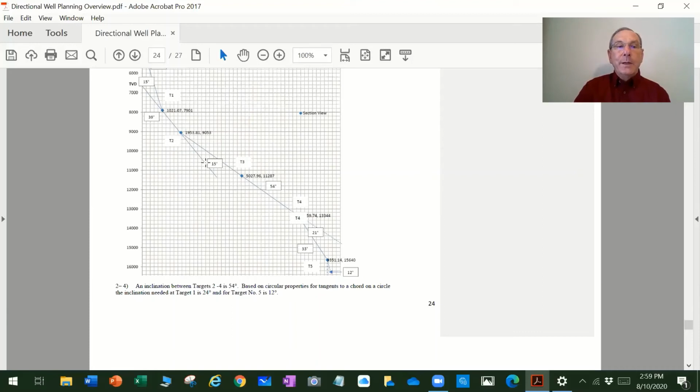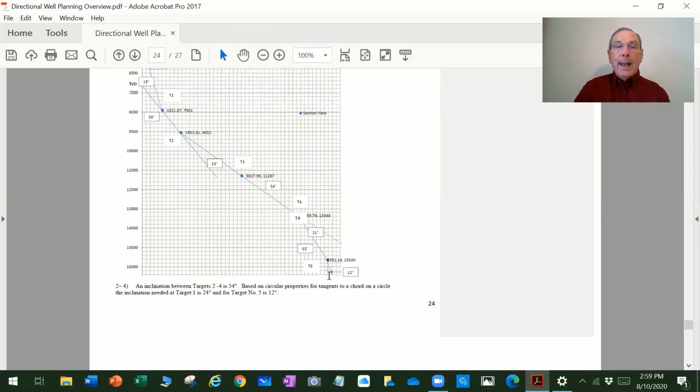So that means this angle is 15 degrees. So based on the circular properties of tangents to a chord on a circle, the inclination at target number 1 needs to be 15 degrees less than this chord inclination of 39 degrees, which would be 24 degrees.